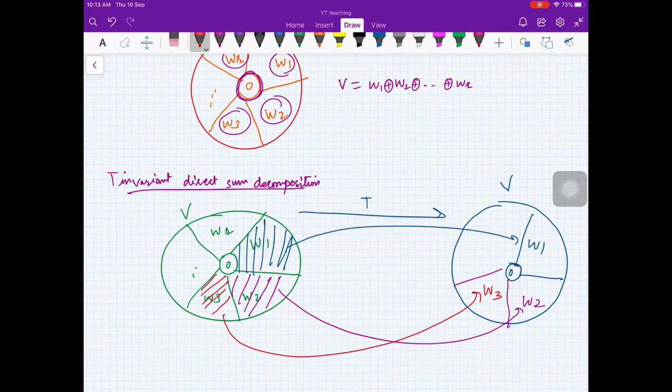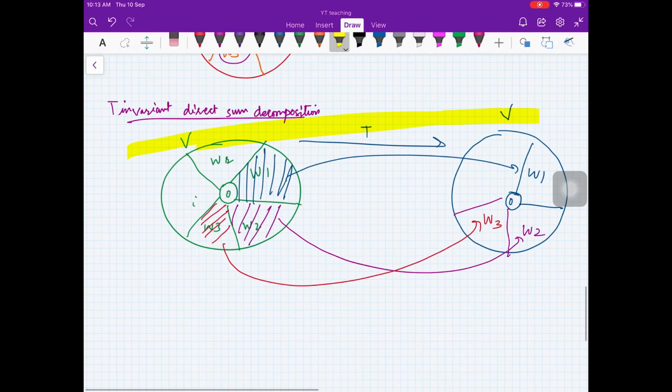Now, the moment you have this picture here, what else can you interpret? Because T maps W1 to W1, and W1 is also a vector space because it is a subspace, you have a restriction of T onto W1.